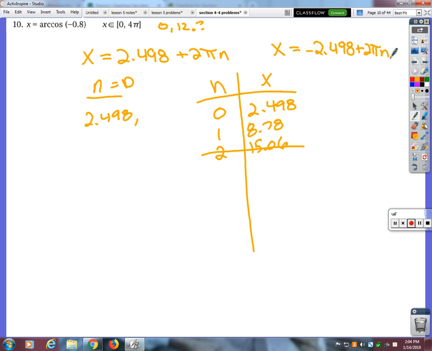Cosine does that, sine does not. And so you just assumed that was for all of them.